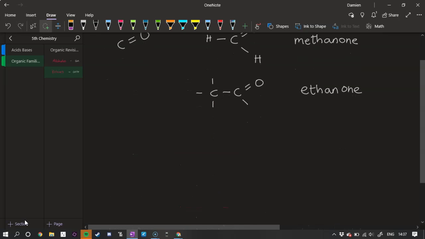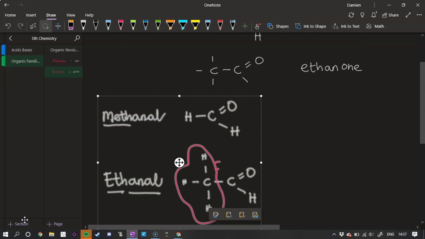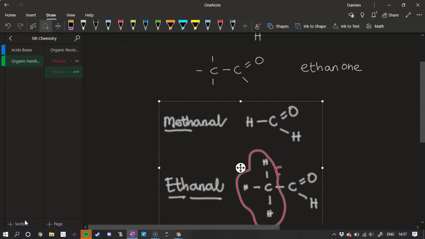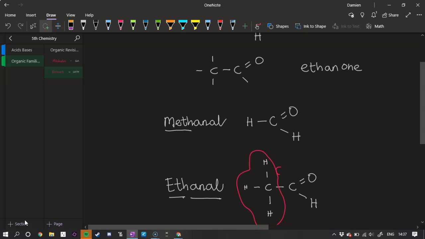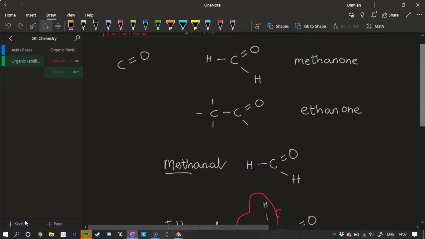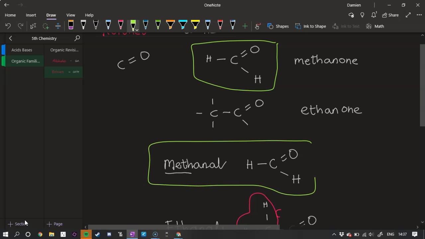Let's have a look. So here is the aldehydes. And something that you'll notice is that your methanone, which is here, and your methanal, which is here, these two things have exactly the same structure.